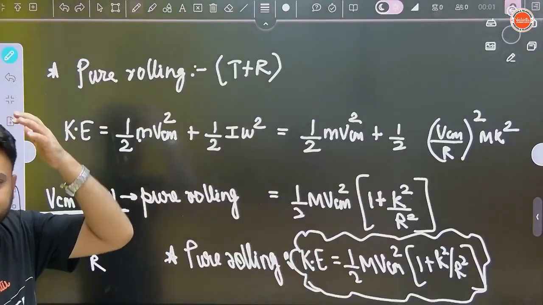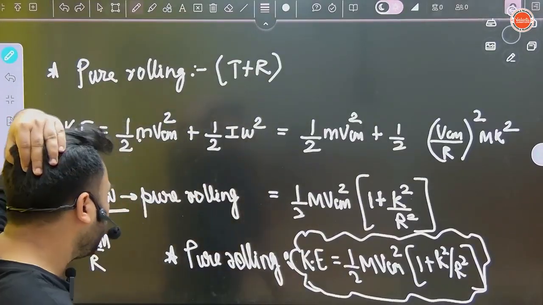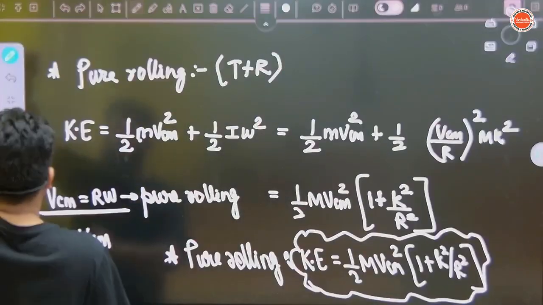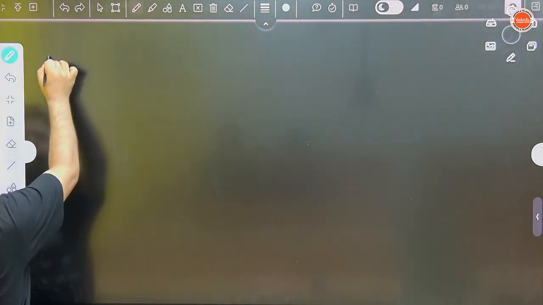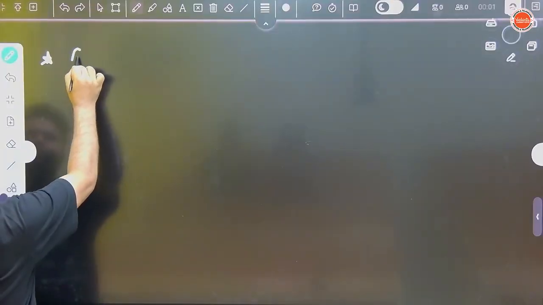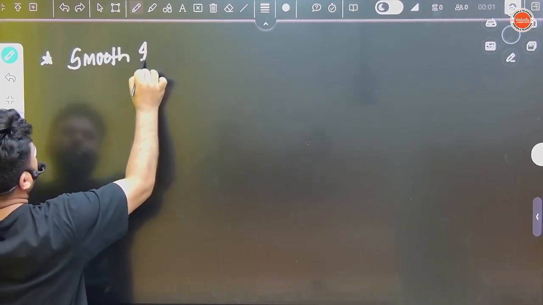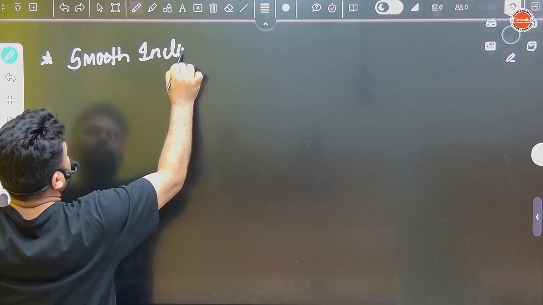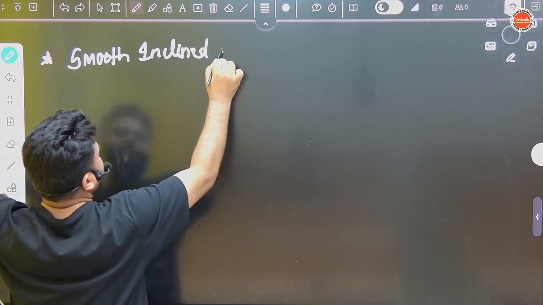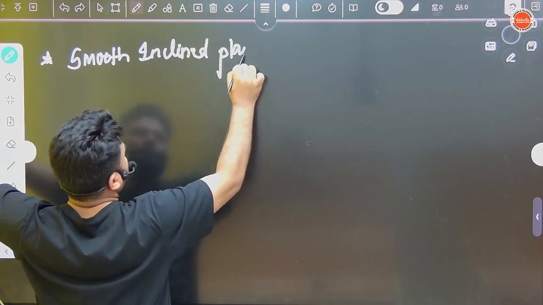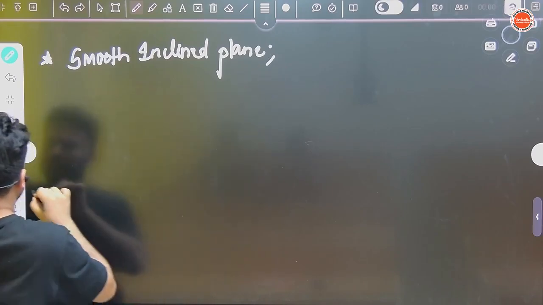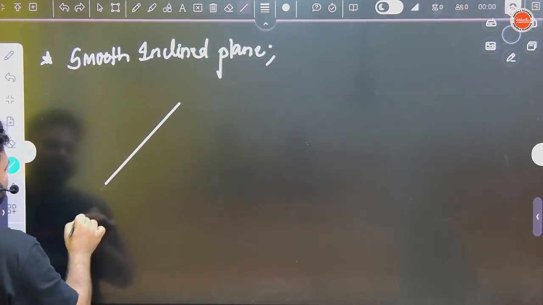Last 5 minutes I will take. Suppose we have a smooth inclined plane. I am directly writing the formulas, we don't have time.